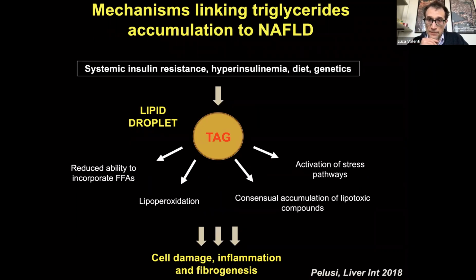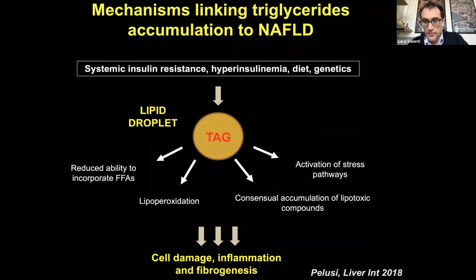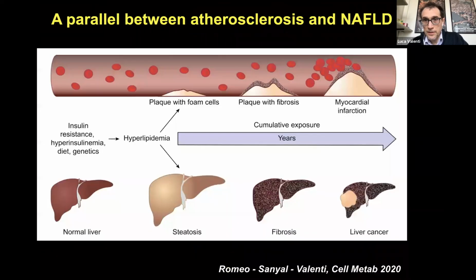It may be due to the initial accumulation of lipotoxic compounds, including some species of phospholipids, probably free cholesterol, for example, ceramides, or the direct activation of stress pathways may be related, for example, to the accumulation of ceramides within the liver.